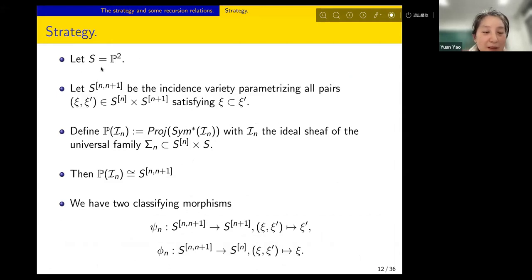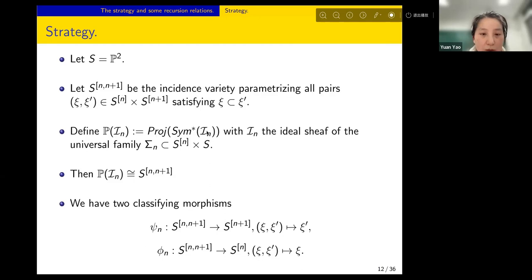So now S is the projective space. We have this incidence variety, parameterizing all pairs: one endpoint, and then n plus 1 points satisfying that it contains the endpoint. So you have this one. Then you define this projective bundle.